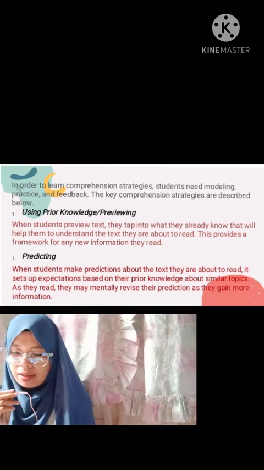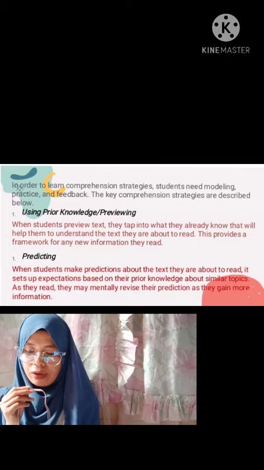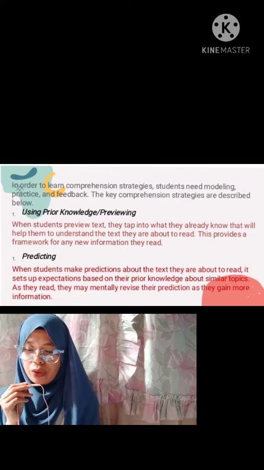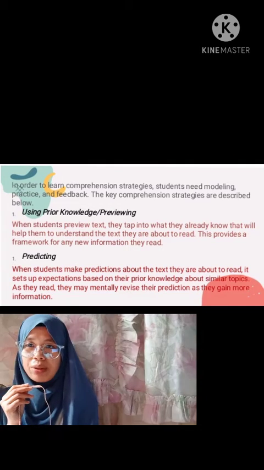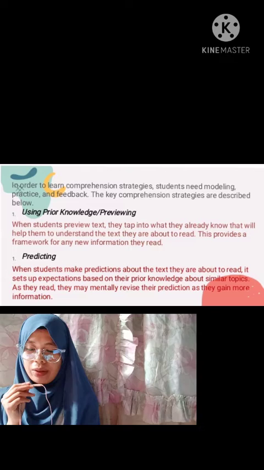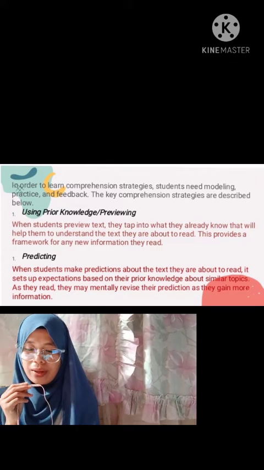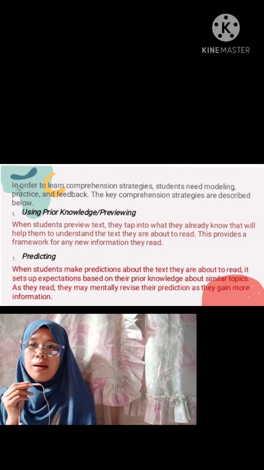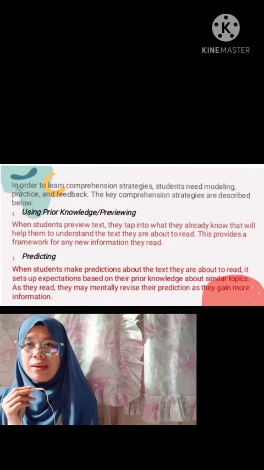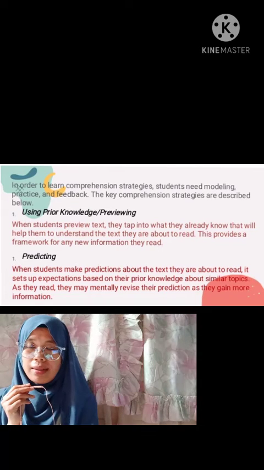So this means that from the word preview, you are recalling the information that you already had by connecting the past information and present information that you are going to read. In this way, it is easy for you to understand what you are reading. For example, me right now taking the subject Jack 9, which is about the life and work of Rizal.